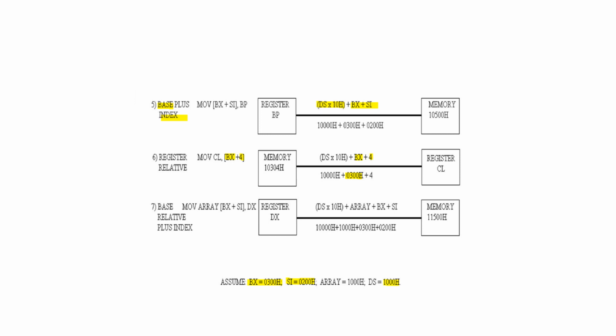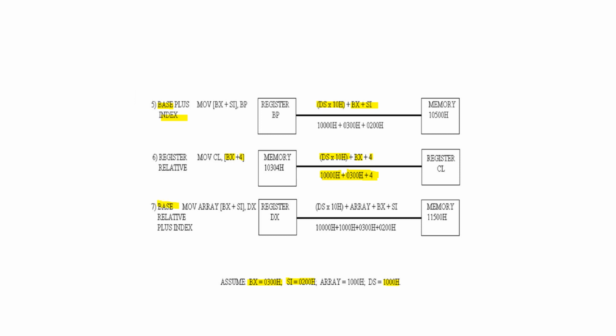So 0300 plus 4, I will get 0304. This 0304 is the 16-bit offset address, and the assumed 1000 data segment address will be multiplied with 10 to get a 4-bit left shift. So 0304 added with 10,000, I will be getting the 20-bit physical address 10304.